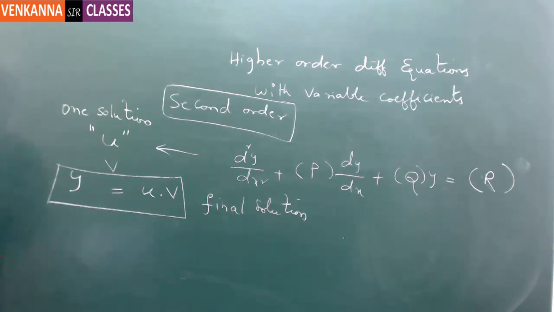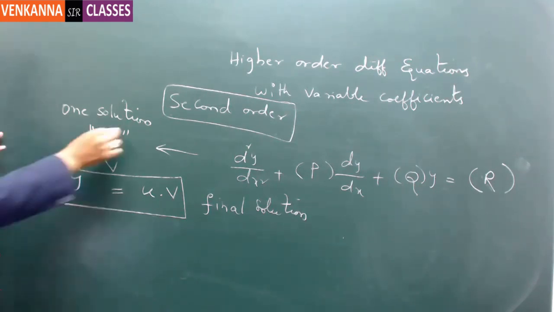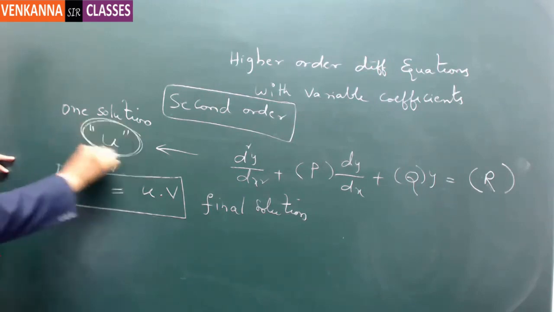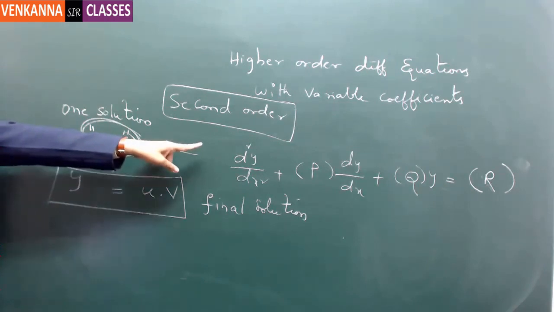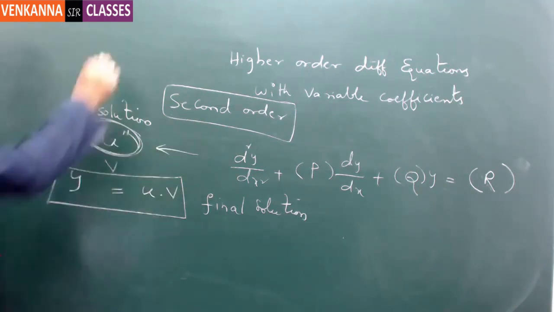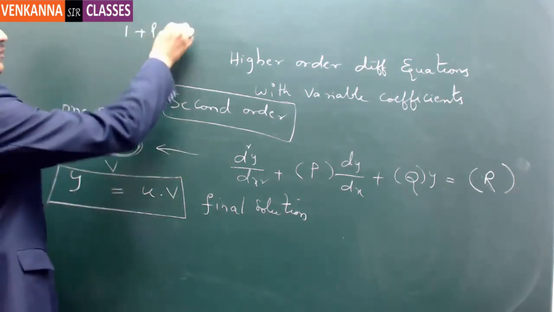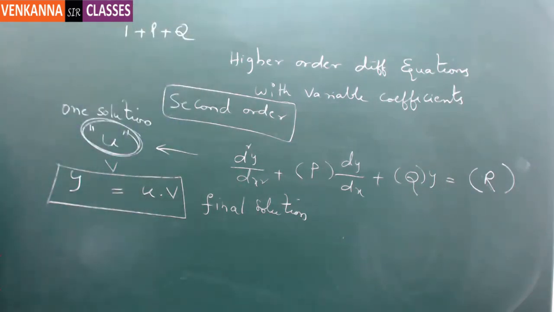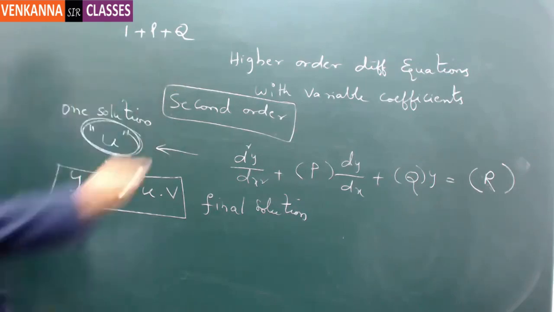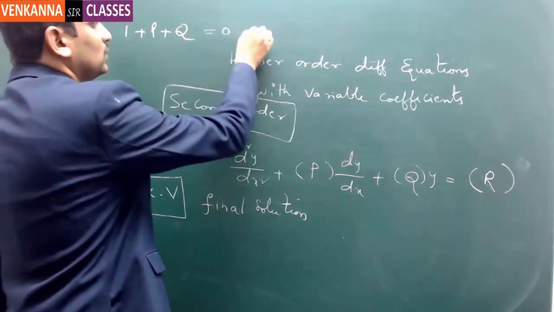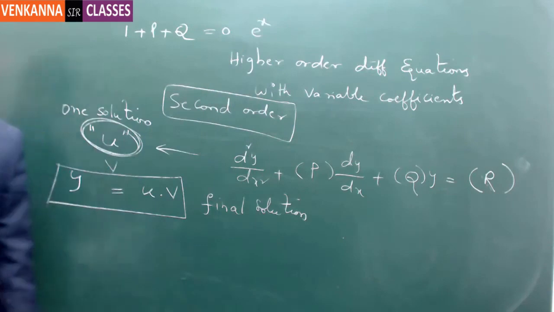Right. To find the first solution u, we will check some conditions. So I will write the conditions. Please take a note of that. Since you know what the coefficients are, you evaluate the value 1 plus p plus q. If the value is 0, e power x is a solution.